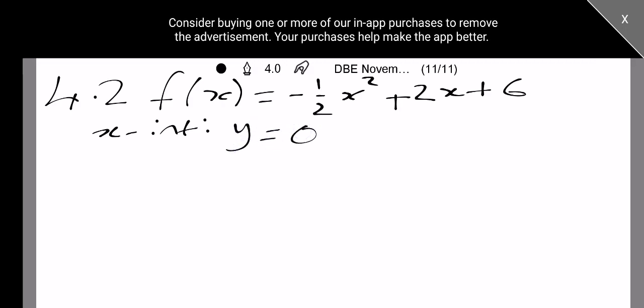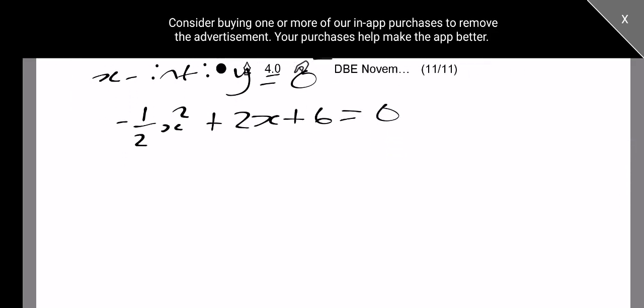So therefore this is going to be negative half x squared plus 2x plus 6 equals 0. Multiply throughout by negative 2 to remove the fraction. So you're going to be left with x squared minus 4x, then minus 12 equals 0.